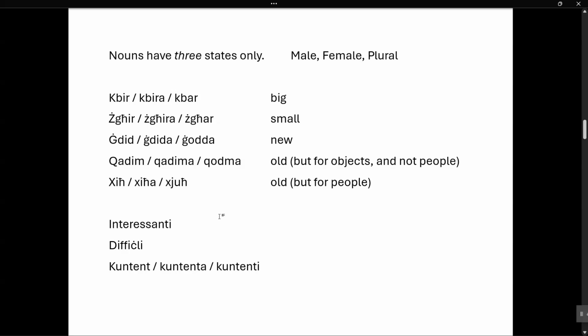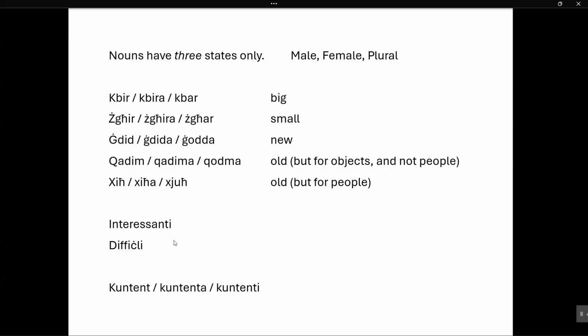Now, when we deal with anything that comes from Italian and from English, the grammar rules change. Interessanti has no feminine and no plural. Interessanti counts for everything, just like in English. The same for difficili. The same for, if I had to say, I don't know, kapaċi. Kapaċi is capable, right? There is no kapaċa or, I don't know, something for the plural.